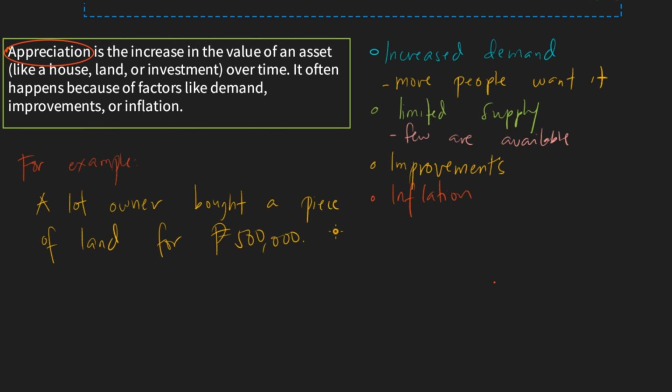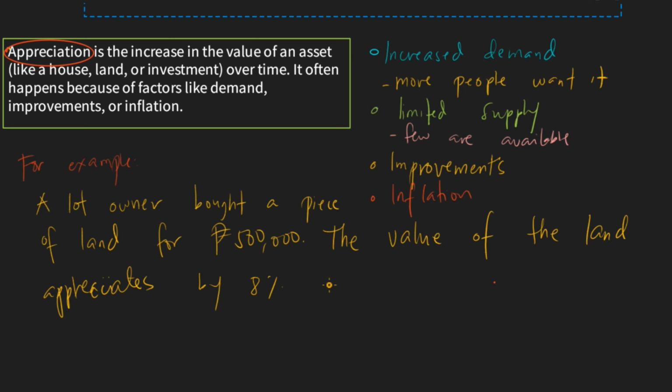The value of the land appreciates by 8% per year. This means that every year the land's value goes up by how many percent? 8%.